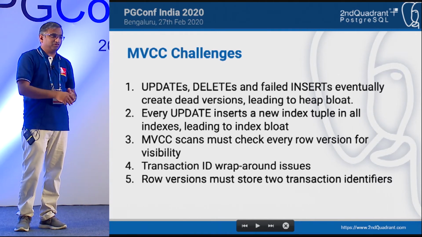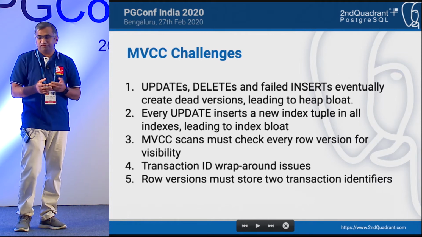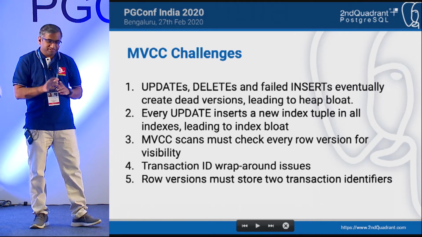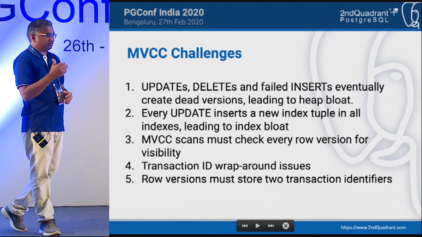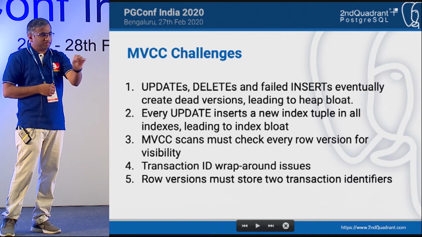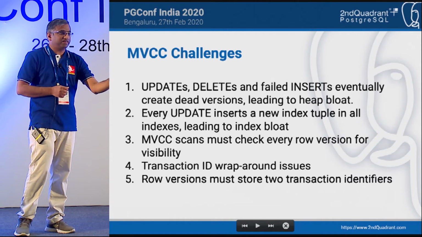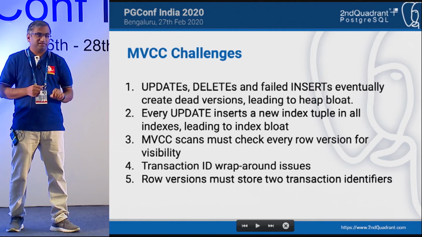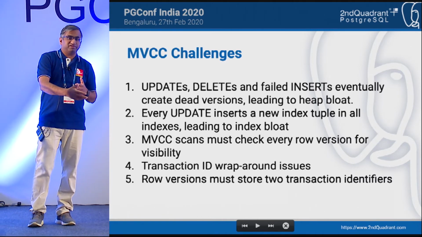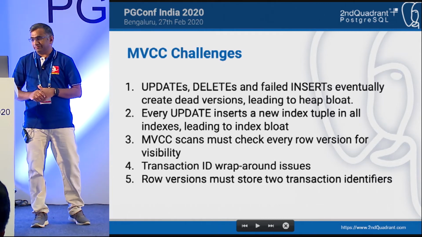Some we have fixed partially or fully, but these are the challenges. The MVCC scan that happens on the table has to read every version of the row and decide whether I can see this row or not. And that means a lot of computational resources or even IO resources are spent on that.